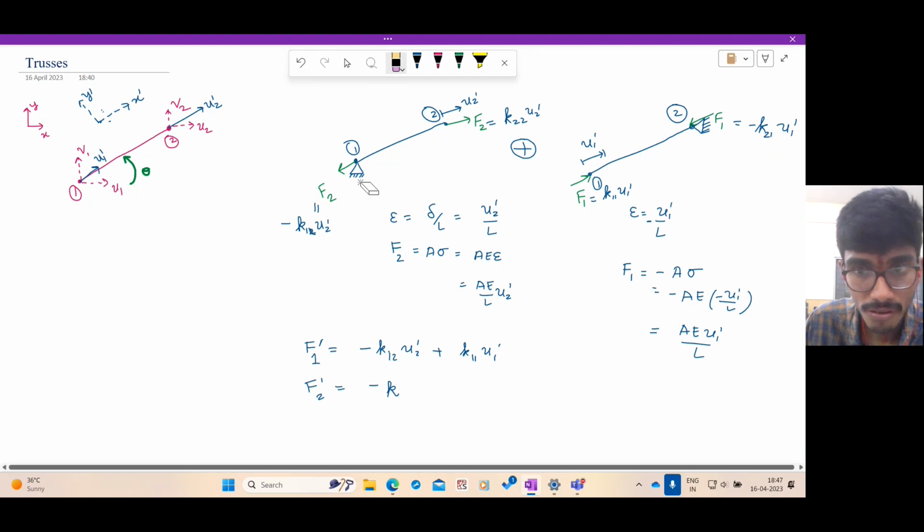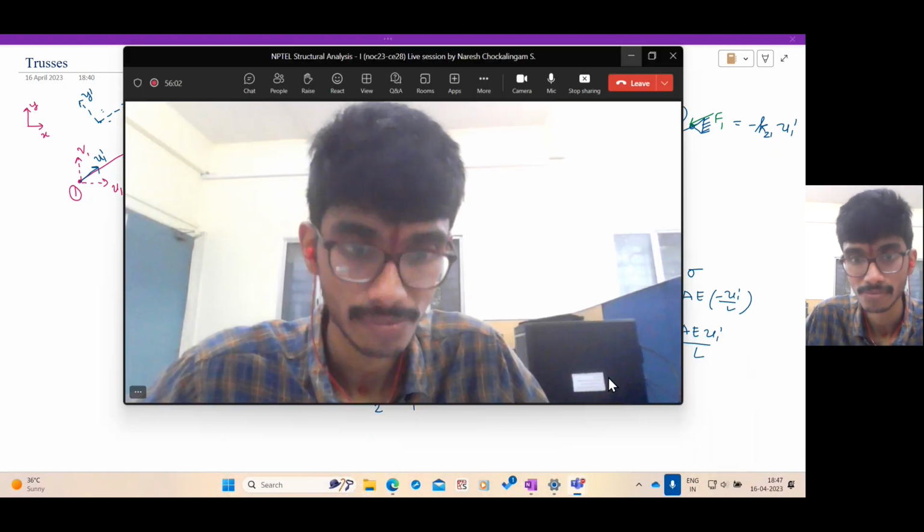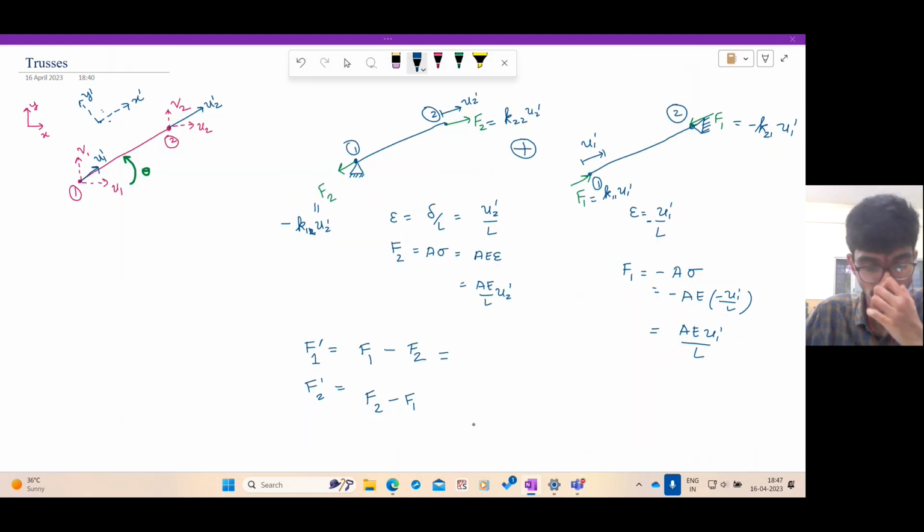So F1, the net force in the correct direction, is nothing but F1 minus F2 because of this, and F2 prime is F2 minus F1. And what is minus F2? It is K11.